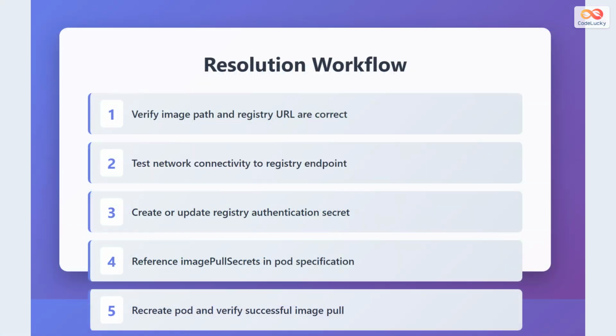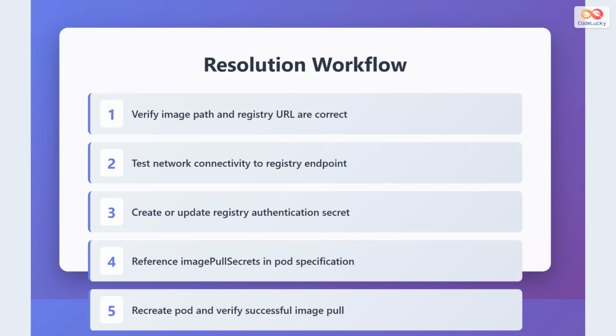Let's review the complete workflow for resolving registry issues. Step 1. Verify that the image path and registry URL in your pod specification are correct, checking for typos and format errors. Step 2. Test network connectivity to the registry endpoint using curl or ping to ensure your cluster can reach the registry. Step 3. Create or update the registry authentication secret with valid credentials using kubectl create secret docker-registry.